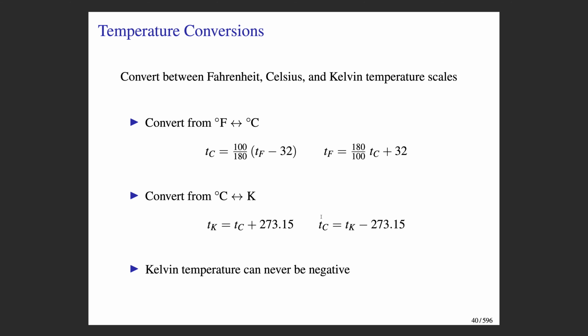To calculate the temperature in Celsius from the temperature in Kelvin, you need to subtract 273.15. So this conversion is something that you need to be able to do without assistance. A tip for you: the temperature in Kelvin can never be a negative number. It should always be a positive number. And so keep that in mind when you're calculating a temperature in units of Kelvin. If you get a negative number, that means you've done something wrong.